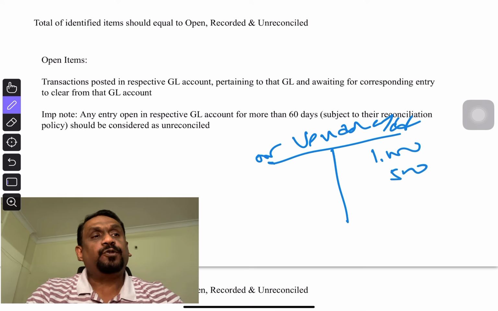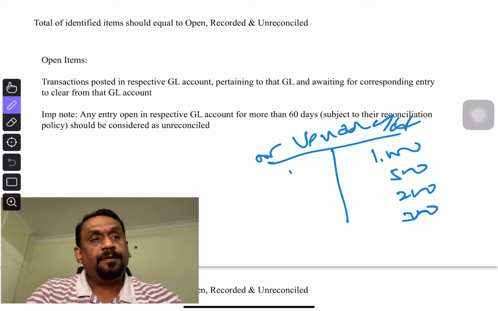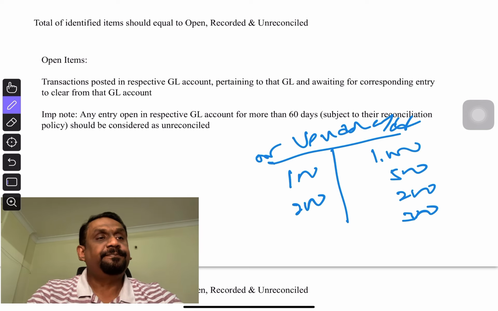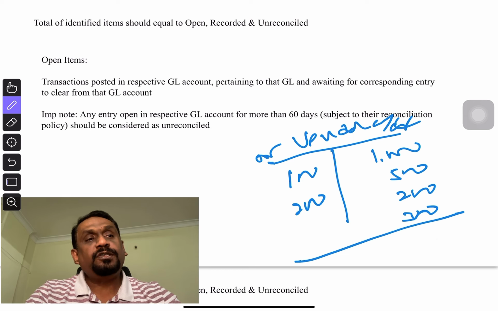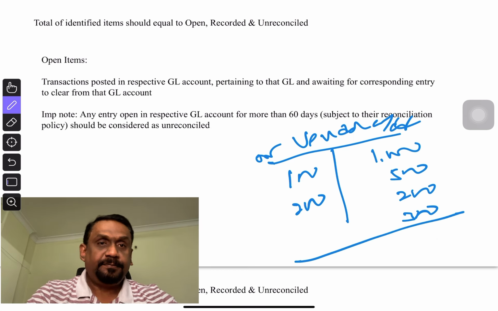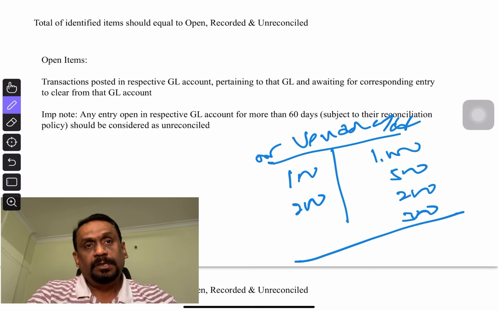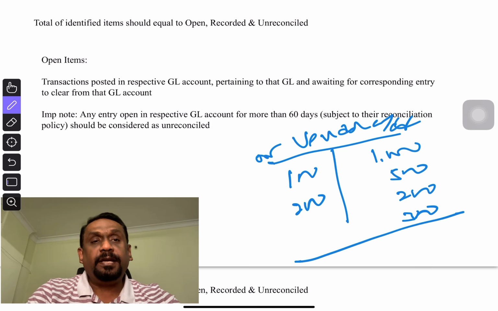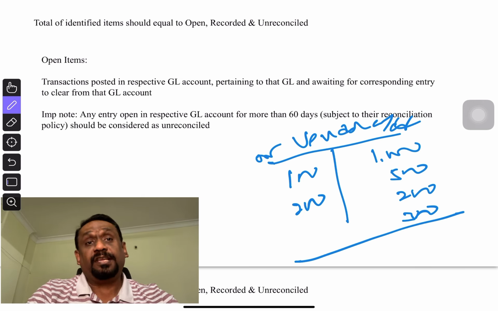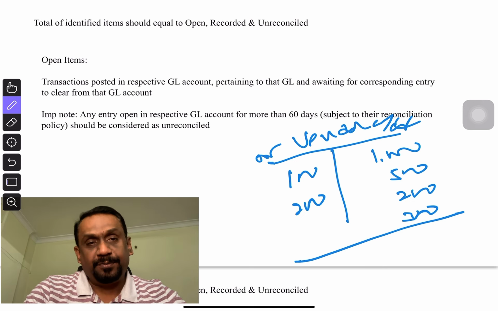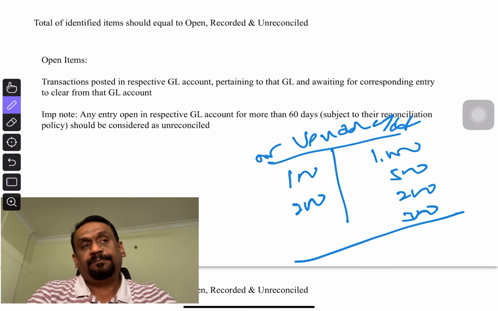There are some invoices posted, 500, 200, 300 rupees. There are some payments, 100, 200. So when we close this balance, you could see some of the transactions still not paid, still not cleared in the vendor account. Whatever transactions you identify which are yet to be cleared or yet to be paid are called identified items in that account.